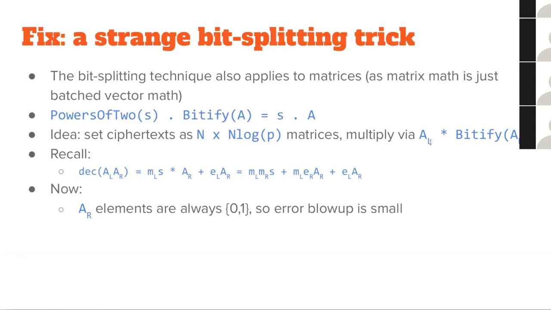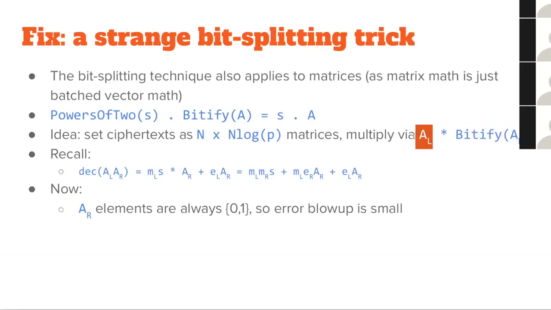So here's one way to intuitively think of this, right? AR has size n log p times n log p. Bitify AR is a big square. AL has size small times big. It's n times n log p.